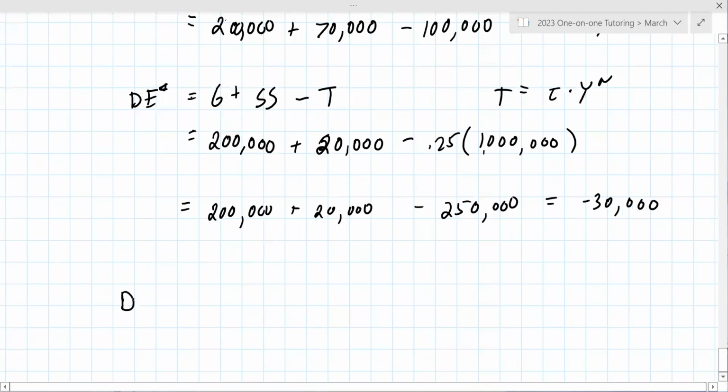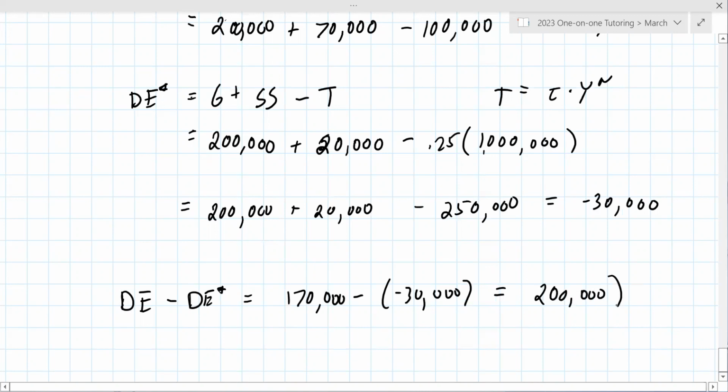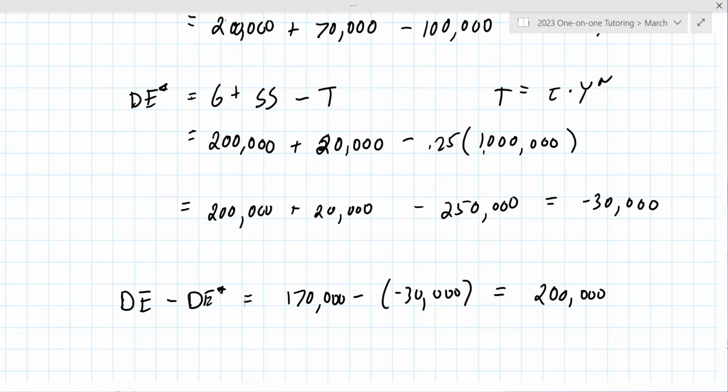So your DE minus DE star, 170,000 minus a minus 30,000 equals 200,000. Minus negative equals positive. Got it. Okay. That makes sense. All right.